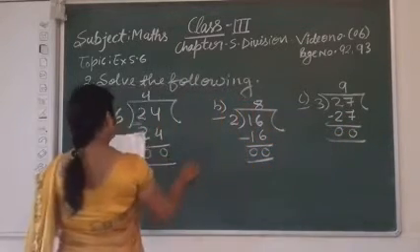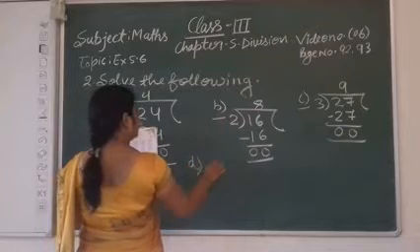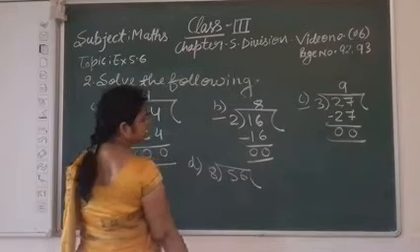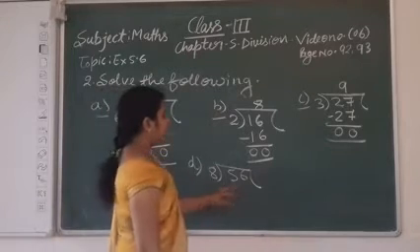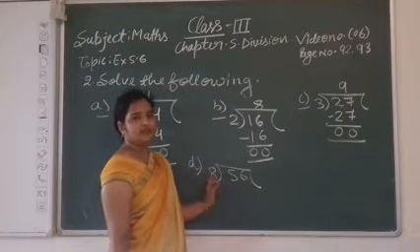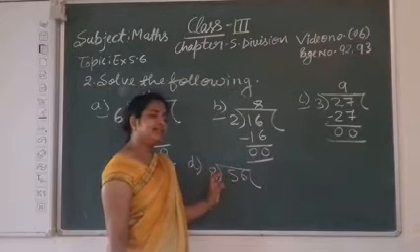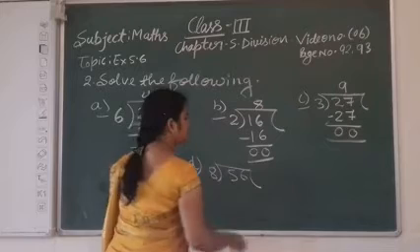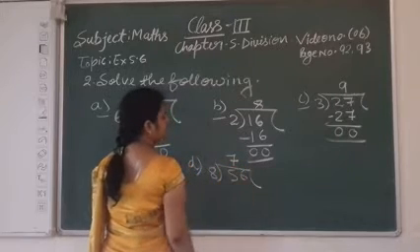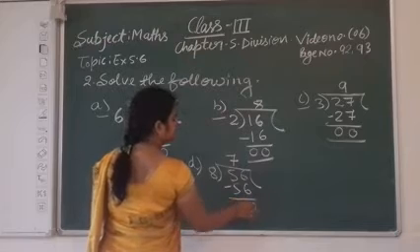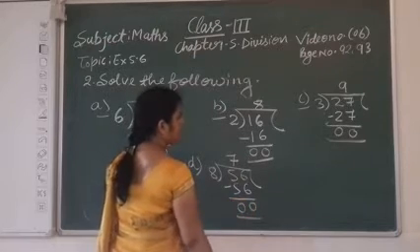Okay. D part, 56 divided by 8. So to divide 56 by 8, you will read the table of 8, and you know that 8 7s are 56. So you can write 7 as a quotient and 56 under dividend. This is 0. Okay.